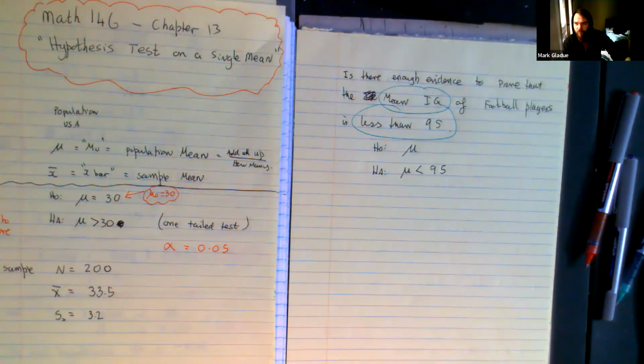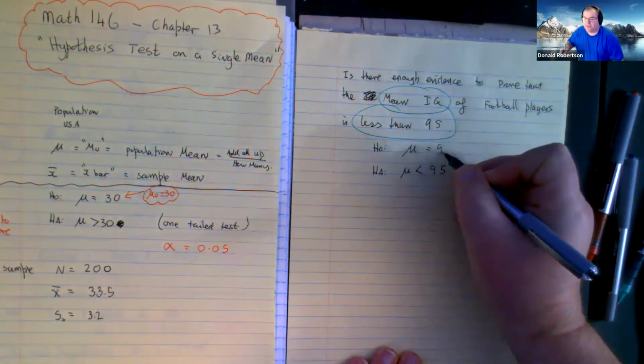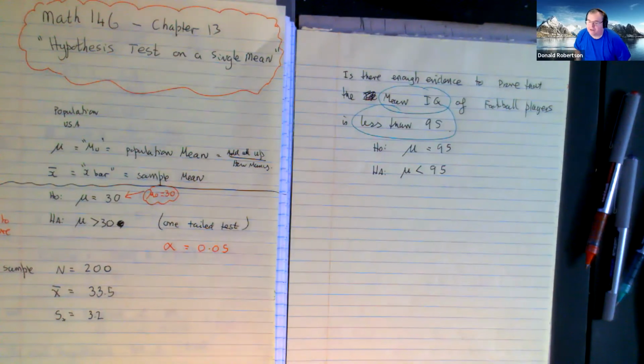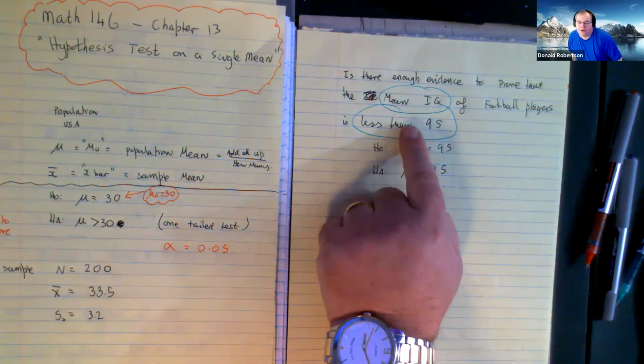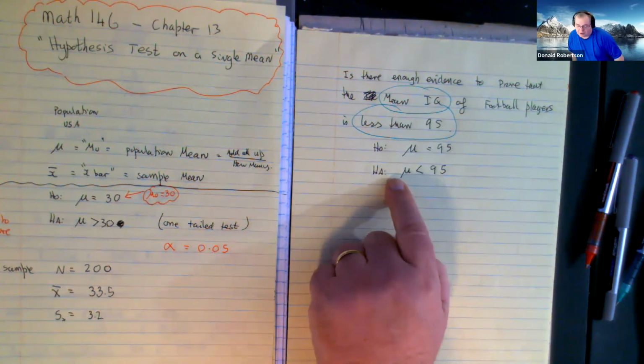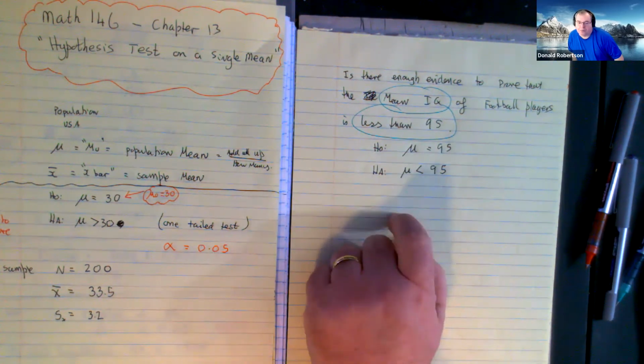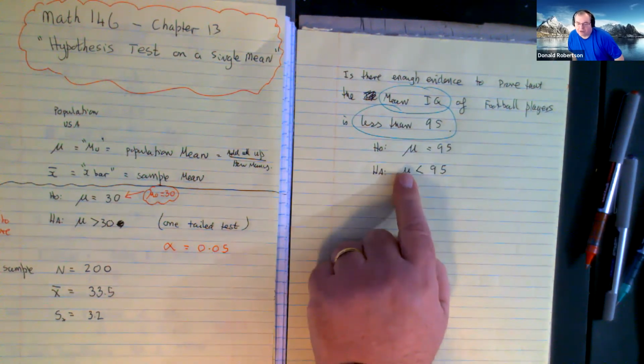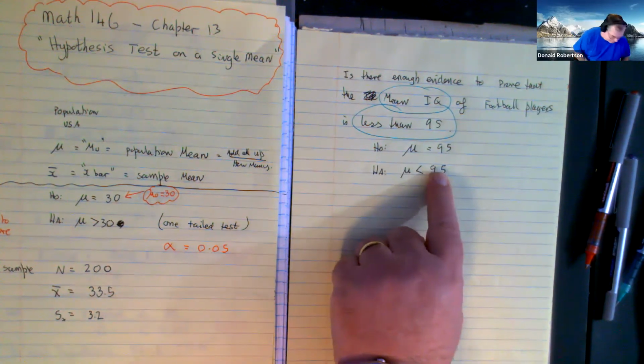Equals 95. Isn't that very similar to P is less than 0.9, P equals 0.9, right? So this would be an example of an alternate hypothesis where you're trying to prove that the mean of something is less than, in this case, 95.